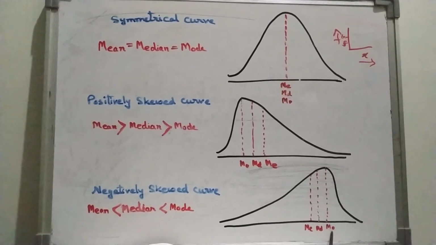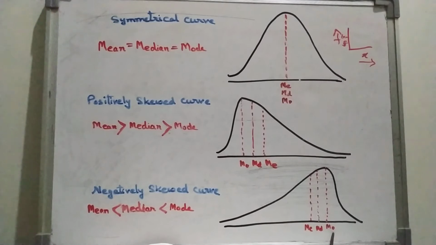So this is your mode, then comes median and then mean. Median is always in the middle and mean will be here in the first position. Whenever we get a negatively skewed curve, we always get this sequence of mean, median, mode.